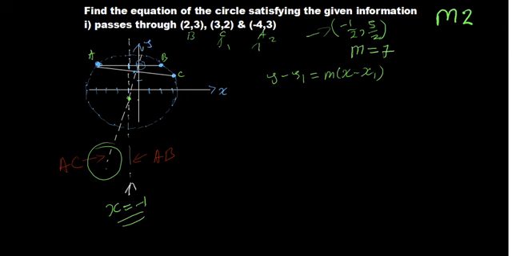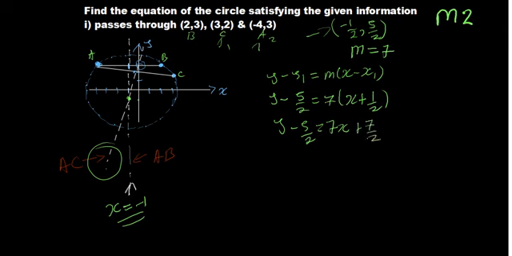Simple as that. So we say y minus 5 over 2 from the midpoint, our m is 7, x minus 1 over 2 becomes plus 1 over 2. So this is y minus 5 over 2 is equal to 7x plus 7 over 2.